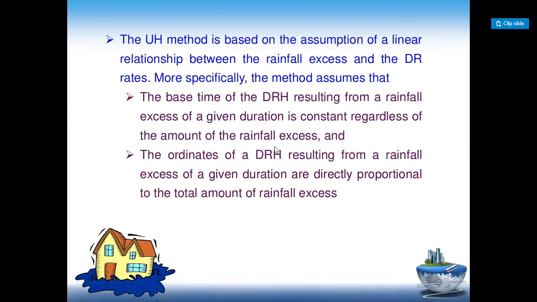Applications of unit hydrograph. Guys, the unit hydrograph method is based on the assumption of a linear relationship between the rainfall excess and the direct runoff rates.